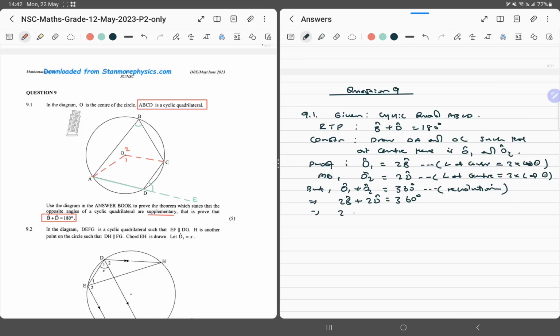Now you factor out the 2. Then when you divide by 2 throughout, we will get that angle B plus D is equal to 180 degrees. Sorted.